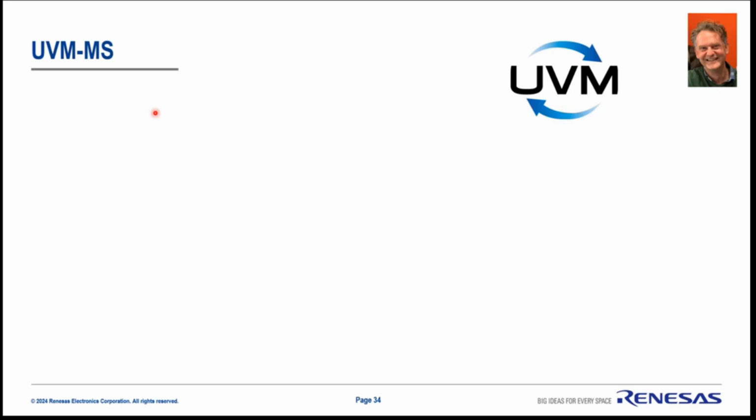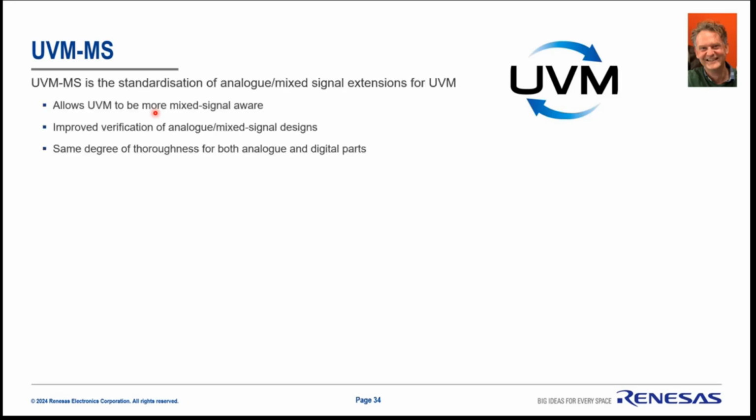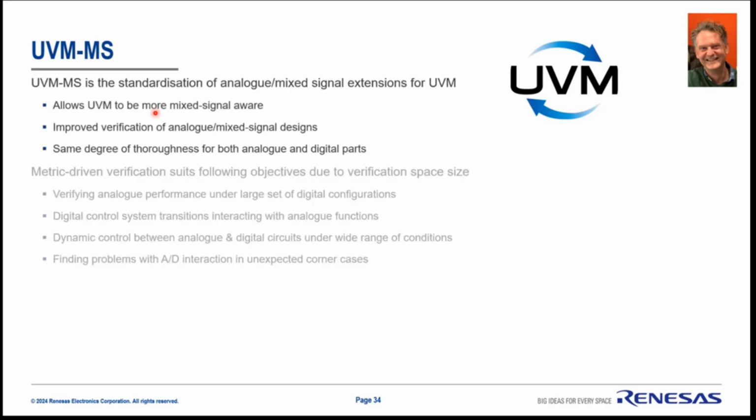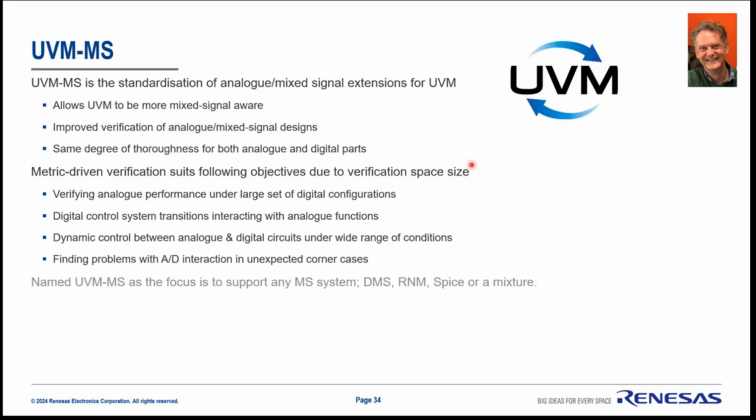Bringing us all together is the UVM mixed signal effort, which is the standardization of analog mixed signal extensions for UVM. You get all the goodness of UVM in the mixed signal space, and metric driven verification suits this due to the large verification space, even as we've seen on fairly small mixed signal designs.